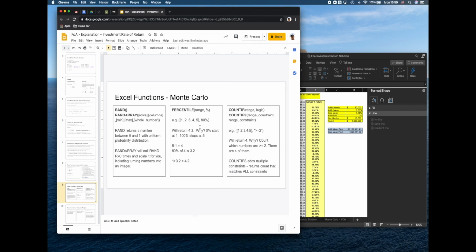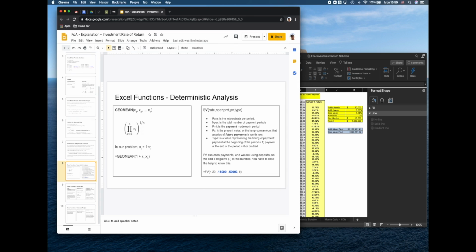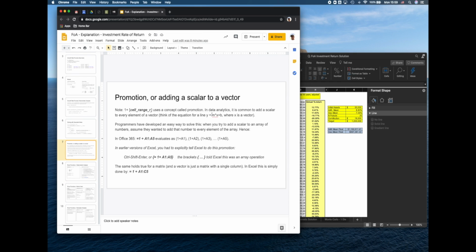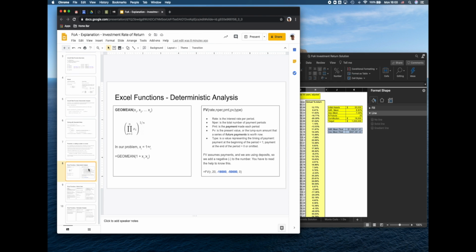The other value that we're going to use is the future value. This here was kind of an important function and had some confusion. It turns out that a lot of the equations in Excel are designed for loans and payments. In this particular problem, we actually have deposits, not payments.